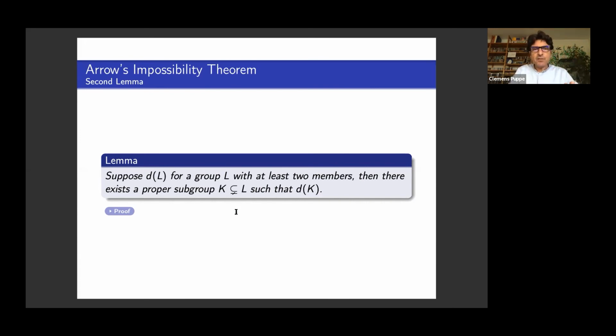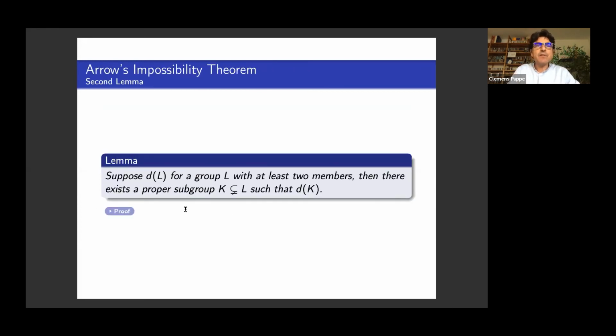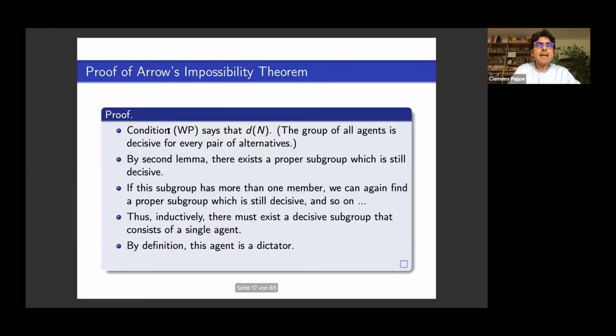Now take this also as given, and if you take these two lemmas as given, we can prove the theorem. Why? Because this second lemma gives you everything you need. The weak Pareto condition says that the group as a whole is decisive, because weak Pareto says if everybody prefers X to Y, X must be preferred to Y for the group.